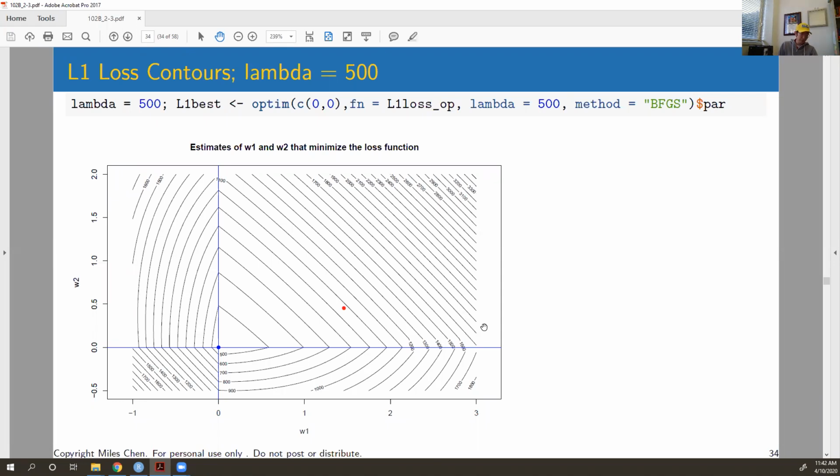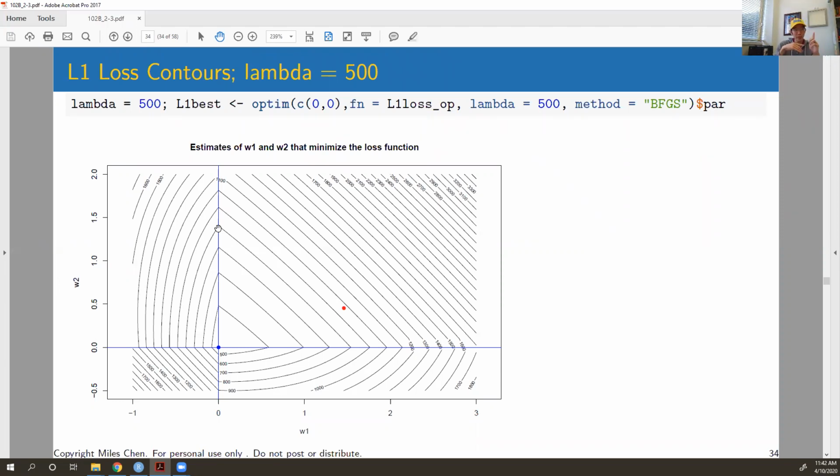If you think about it, we're adding in the absolute values. When you have the absolute value function, lines along here will have equal values.